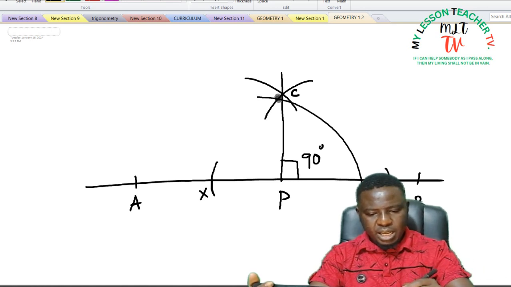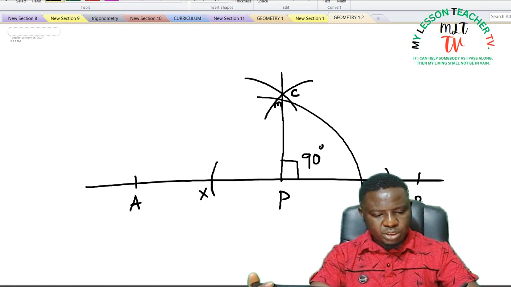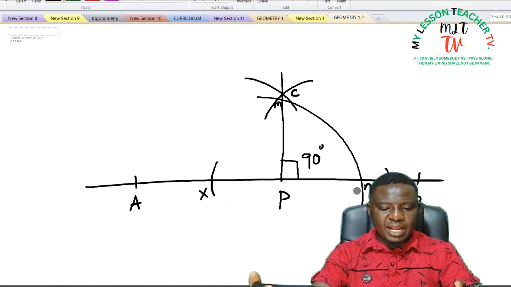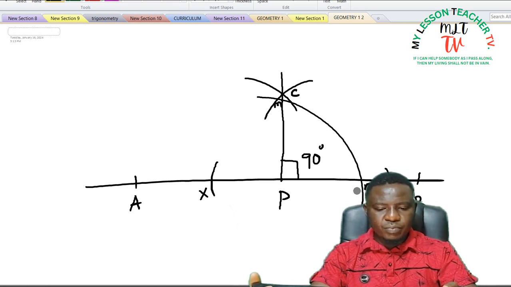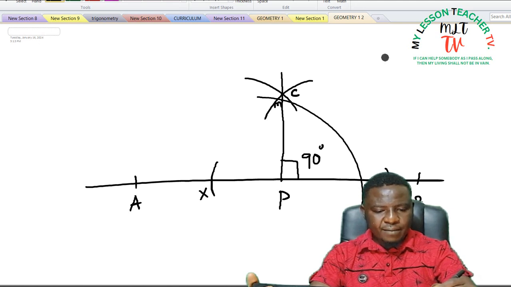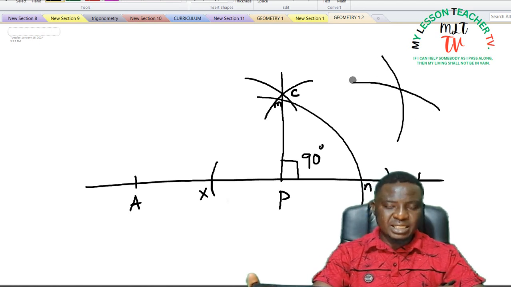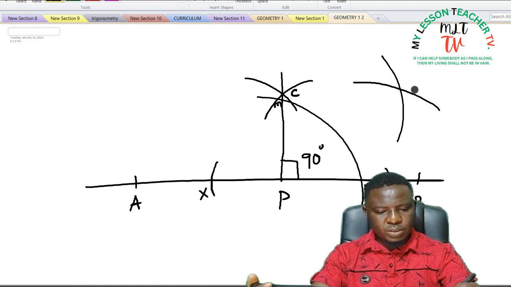Call this point M and this point N. With M and N as center and radius greater than half the distance, you construct an arc this way and this way, and let's call this point R.